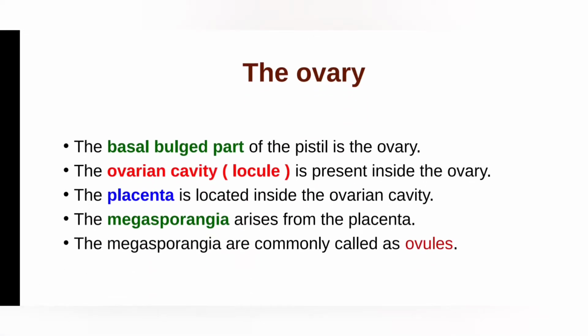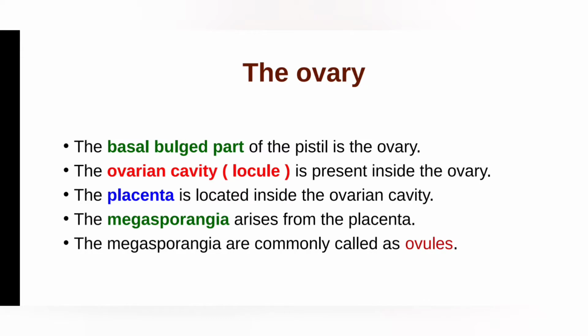The ovary. The basal bulged part of the pistil is the ovary. Unlike the style, the slender stalk, this ovary is somewhat bulged. The ovarian cavity, that is the locule, is present inside the ovary. The placenta is located inside the ovarian cavity.